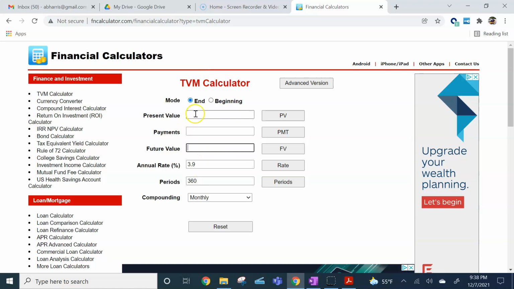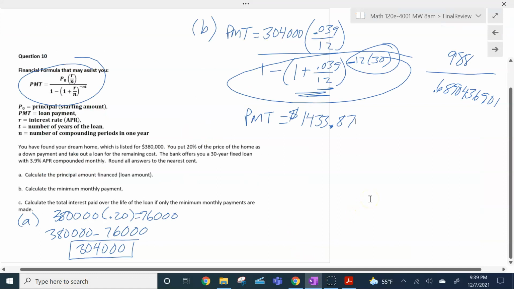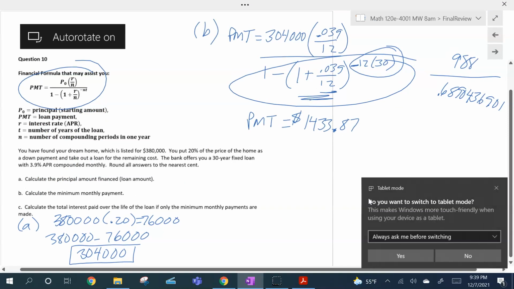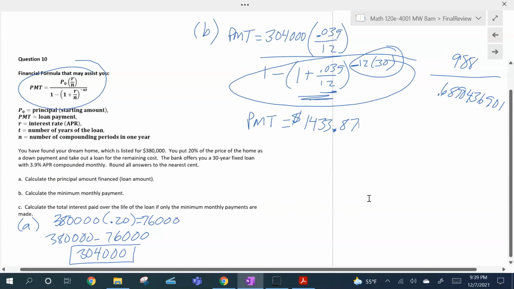We're going to take out a loan of $304,000. We're going to figure out this payment, but we're going to owe nothing after we've made all 360 payments, so the future value of the loan will be 0. What's the payment? Notice the negative means I'm paying this every month. I'm paying 1433.87. You see right there, same thing.